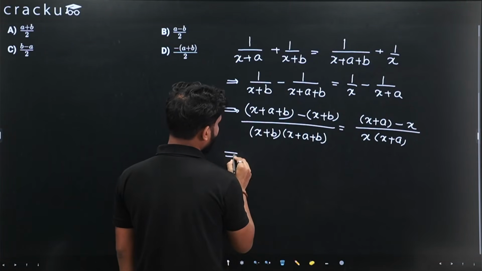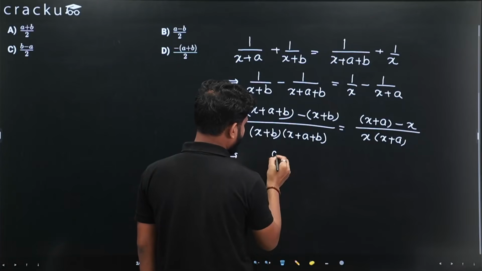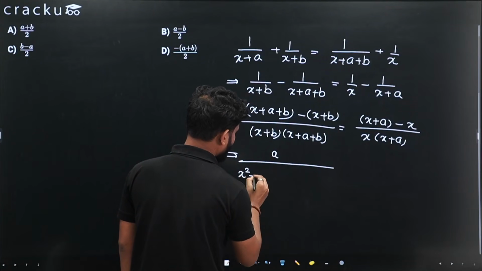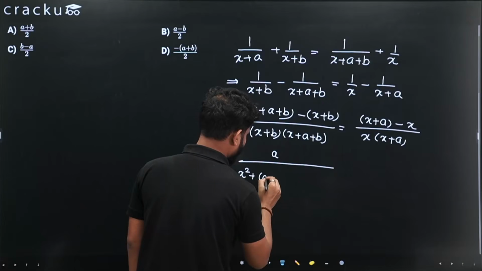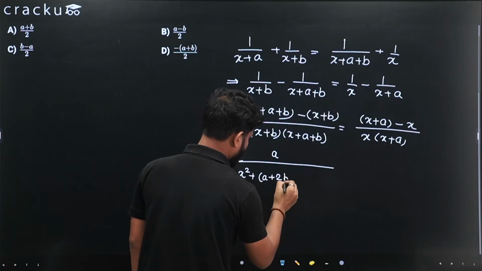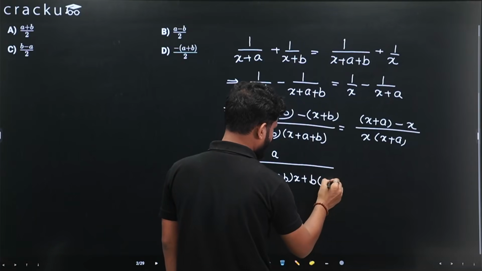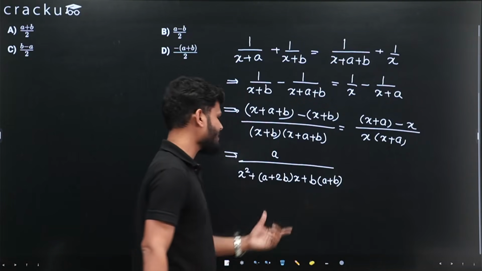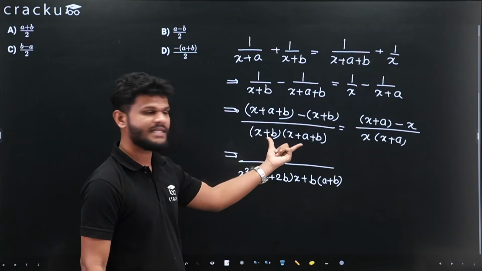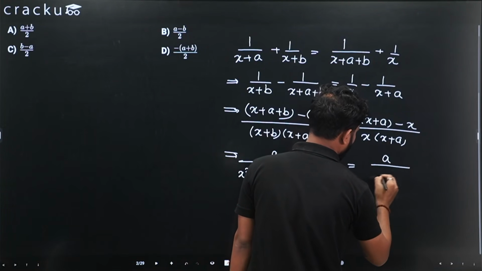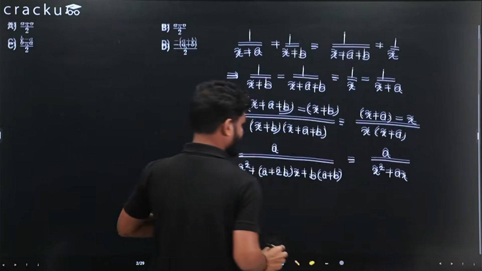Correct? From here what do we get? In the numerator we will get only a, divided by x square plus a plus 2bx plus b into a plus b. Right? This will be the expansion of this multiplication. Here we will have a upon x square plus ax. Right?